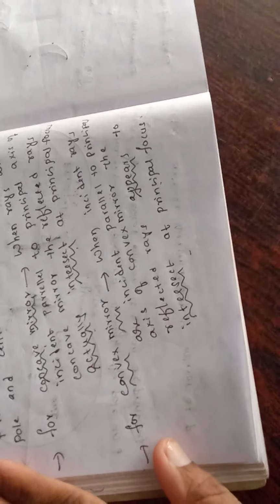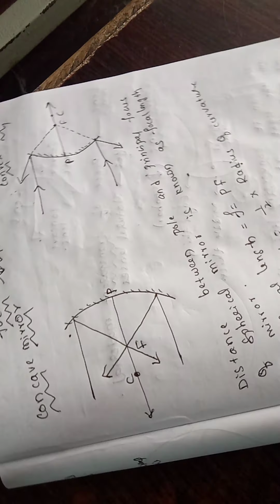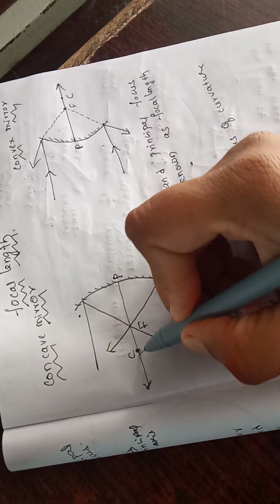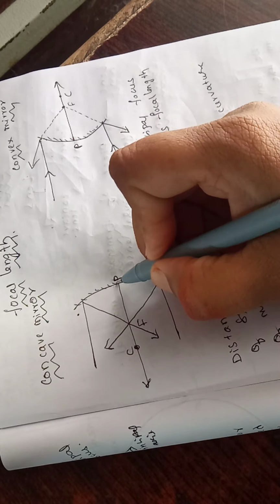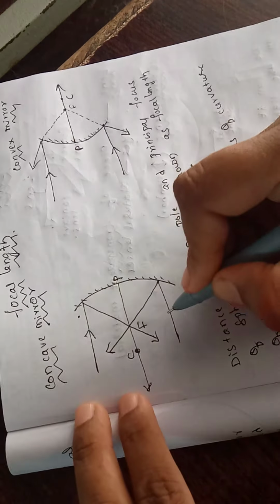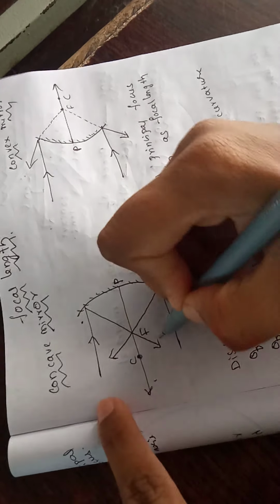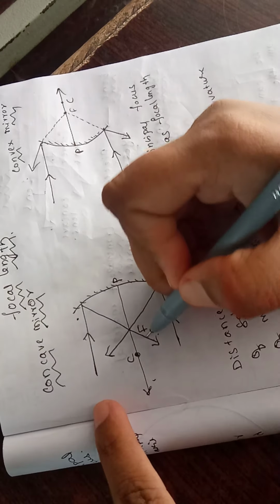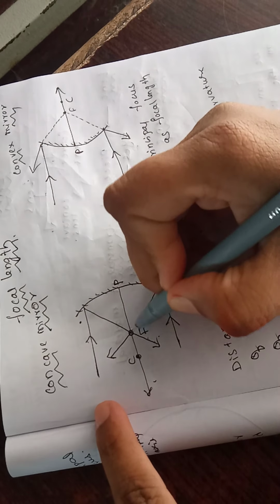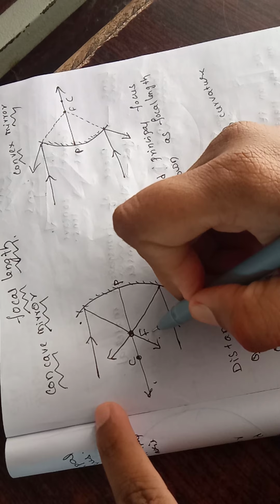Alright. Now next, let us define what the focal length is. Now this is the center of curvature, this is the pole. These are the rays coming parallel to the principal axis. For the concave mirror I am explaining, they reflect back and intersect at the principal focus.